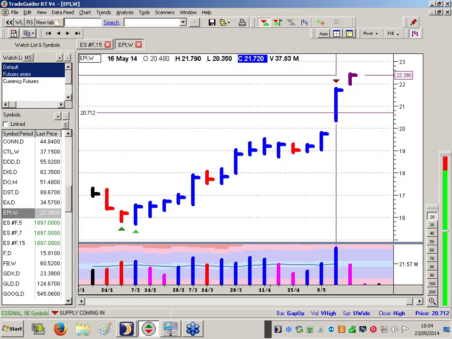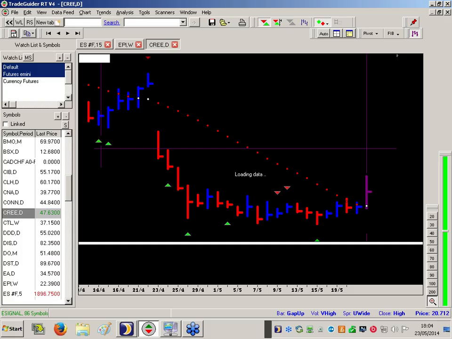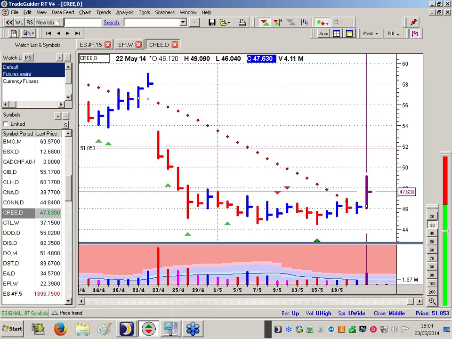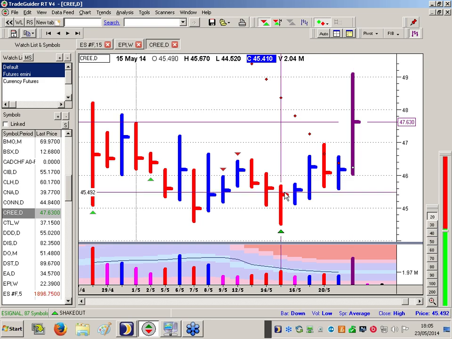Edmund is asking for us to look at CREE. Well, that to me looks like sudden weakness. That last bar, look.